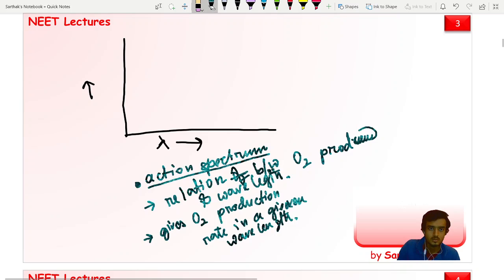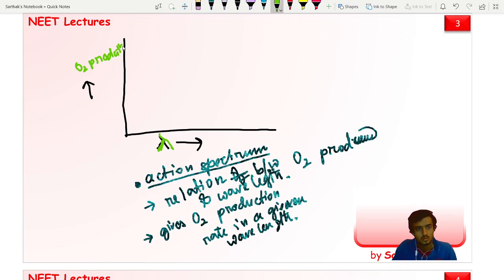Suppose we'll be talking about the action spectrum. On the x-axis we have lambda, that is the wavelength at which photosynthesis is occurring, and on the y-axis we have the O2 production rate.